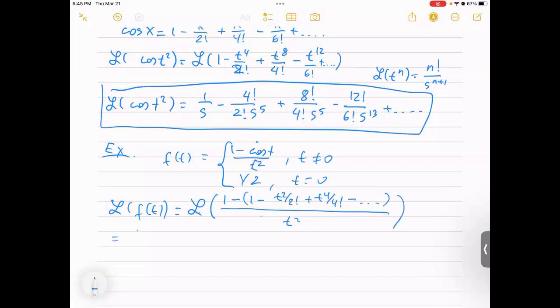So we're going to combine 1 minus 1 in the numerator and distribute the minus, so we're going to get t squared over 2 factorial minus t to the 4 over 4 factorial plus, if needed, t to the 6 over 6 factorial, and so on, divided by t squared.